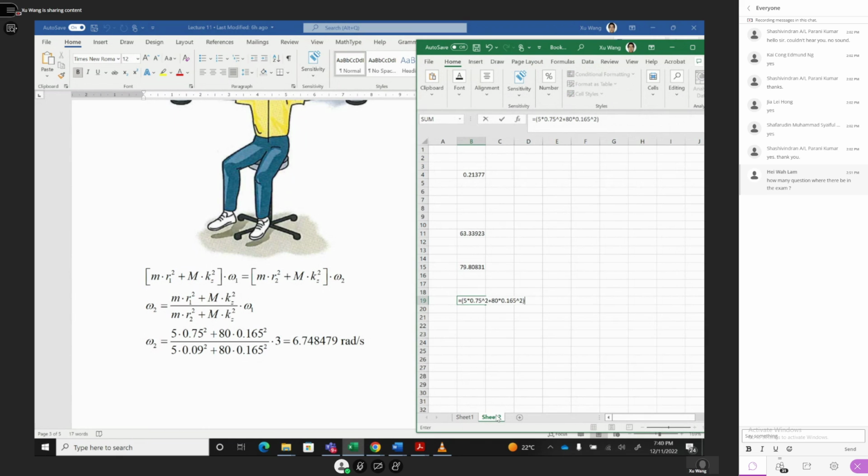This is a numerator divided by denominator. Denominator equal to 5 and plus 80 and okay.